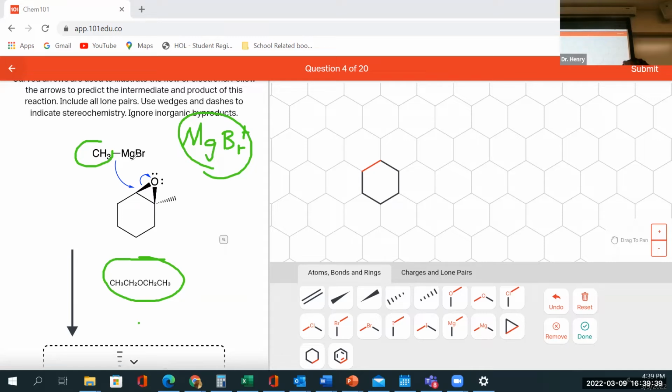The bromine is adding that one electron that it likes to share. Mg is always going to be 2 plus, so that means that we have an extra electron on our methyl group. So in that case, we have CH3 with an additional electron.